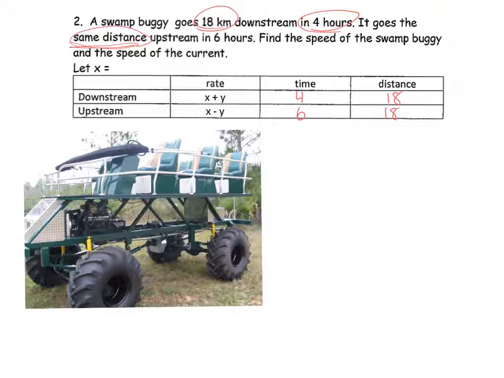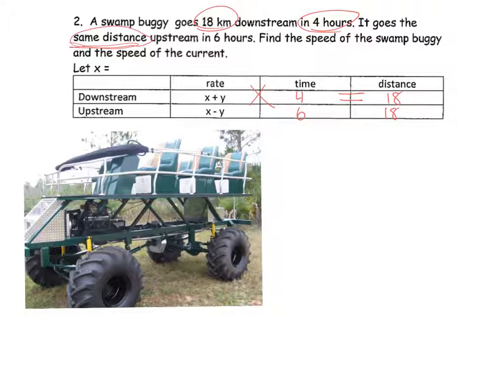On our last problem, X was the current, the speed of the current. So let us solve the problem first and then designate that. I just want to prove it to you by the answers. Write it down. Rate times time equals distance.